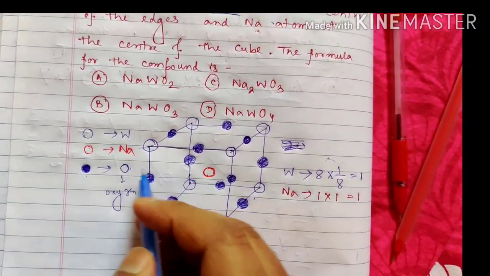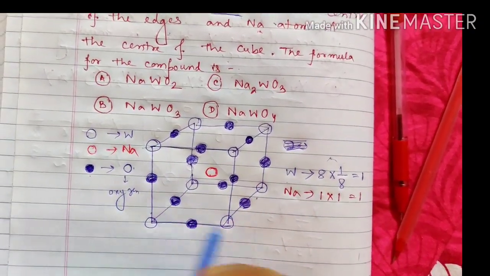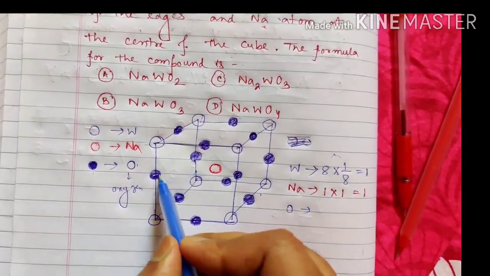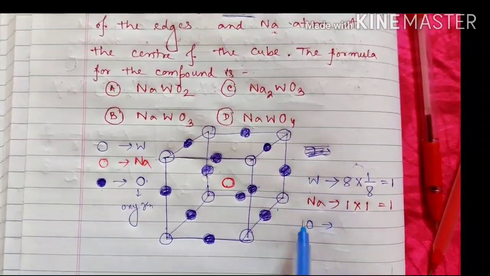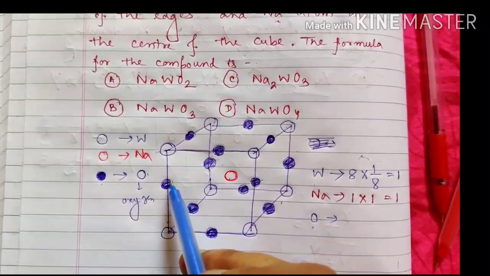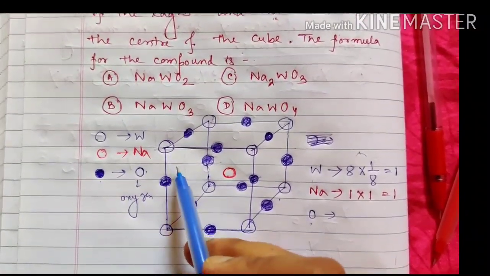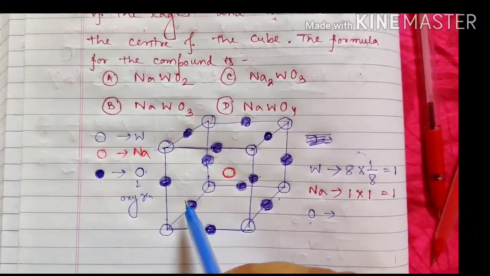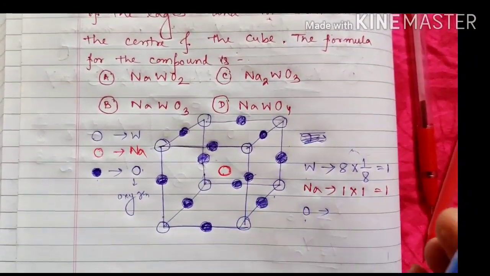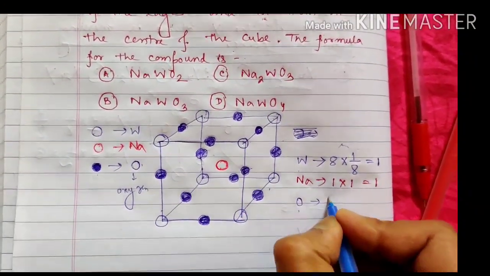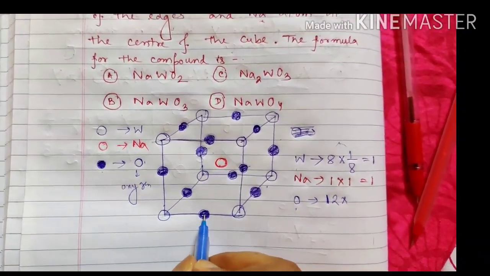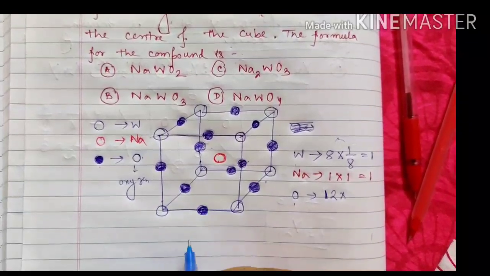Third one is the oxygen atom. It is present at the edge center. Now see how many oxygen atoms are present. There are 12 edges obviously. So on this side 4, on this side 4, and on this side 4. So there are 12 edges, and each is being shared by 4 unit cells.